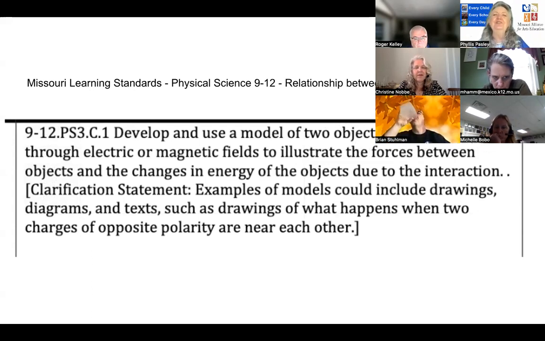So please just take a look at this and see how might you guide, or what suggestions might you make for a gifted student in your class, that is going to then develop and use a model to show objects as they are working in an electric or magnetic field. Feel free to unmute and share what you might suggest to them.